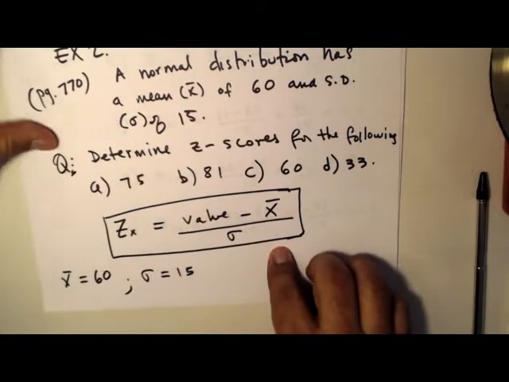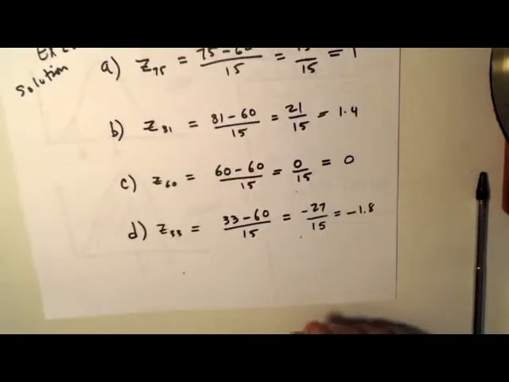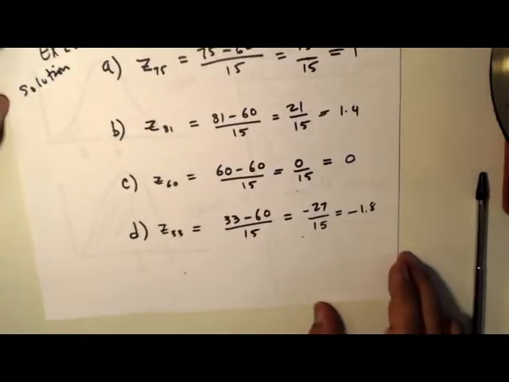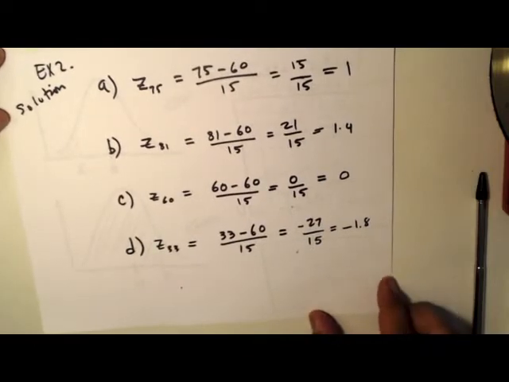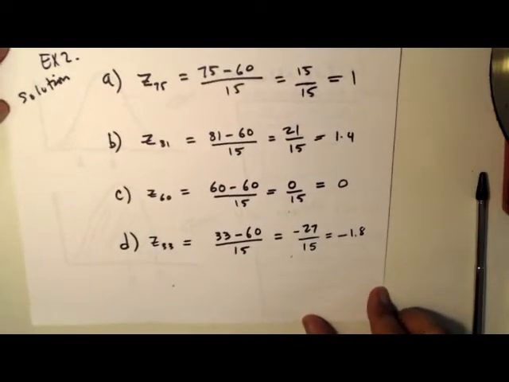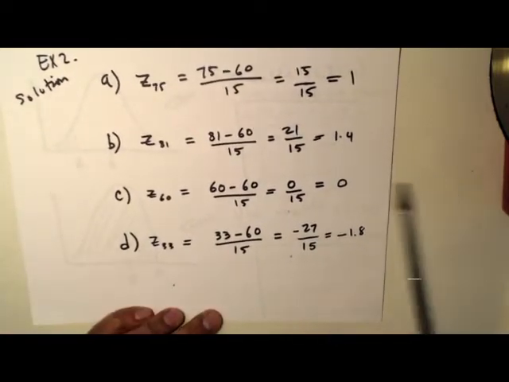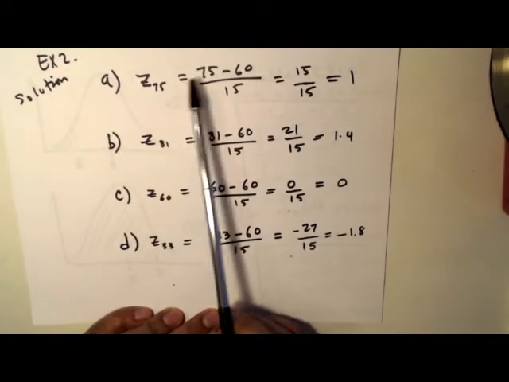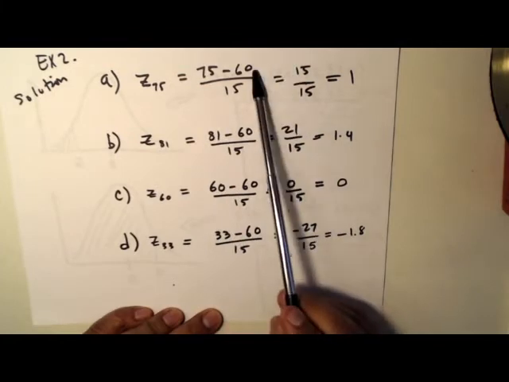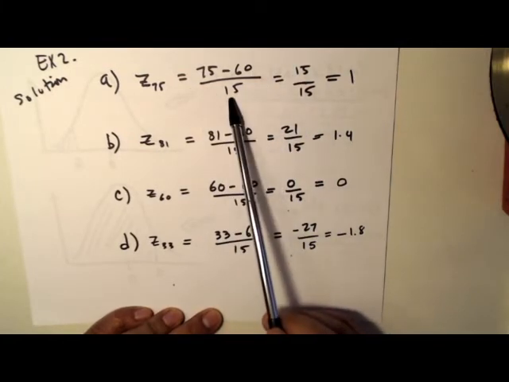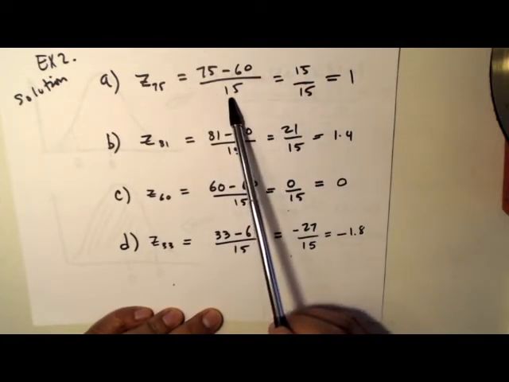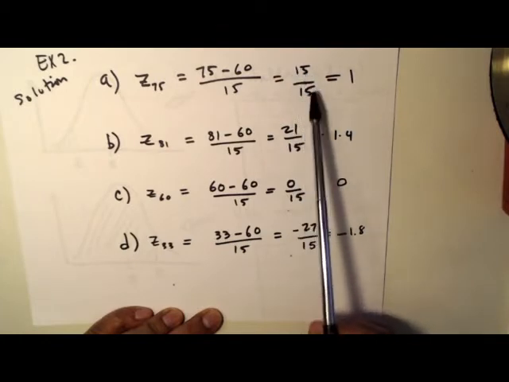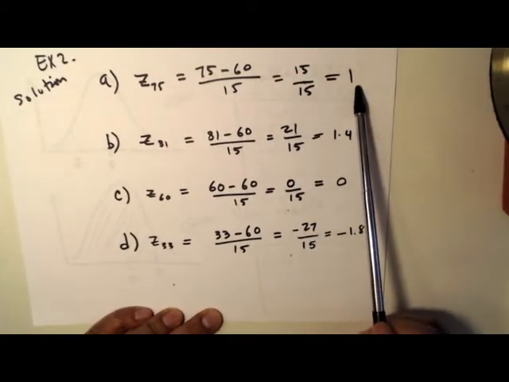Okay, so we move on, and we have the solution here to the problem for example 2. The Z-score for 75 is going to be equal to 75 minus the mean divided by the standard deviation. So this results in 15 divided by 15, which is equal to 1.